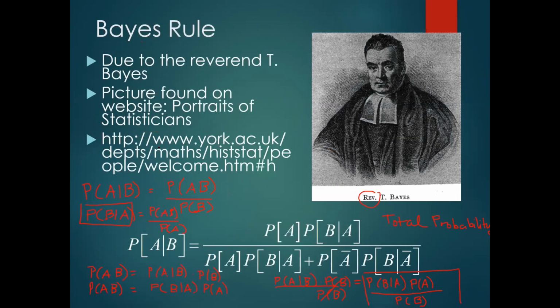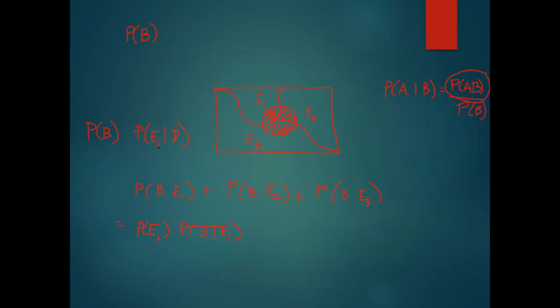Pero ano yung sinusunod natin? Dapat given si E1. Tama itong form natin. Plus probability of E2 times probability of B given E2, plus probability of E3 times probability of B given E3.